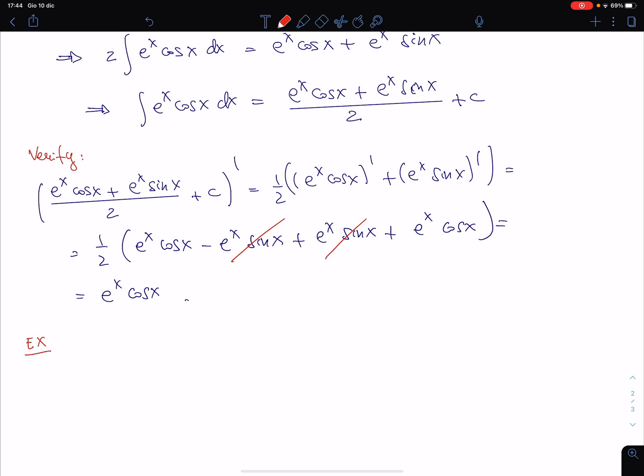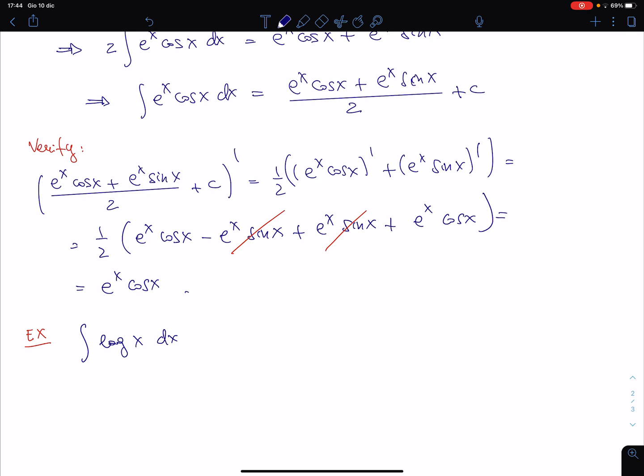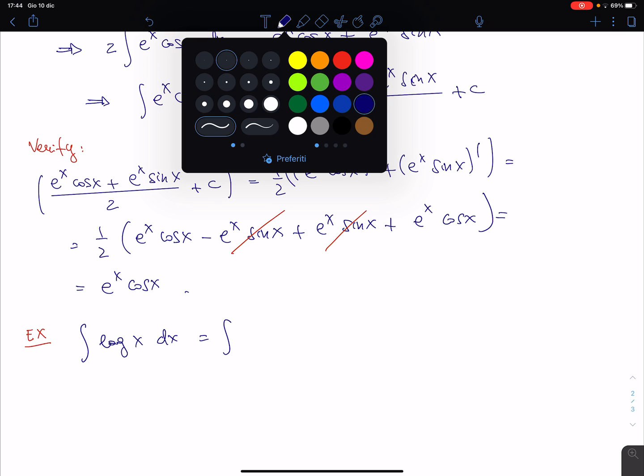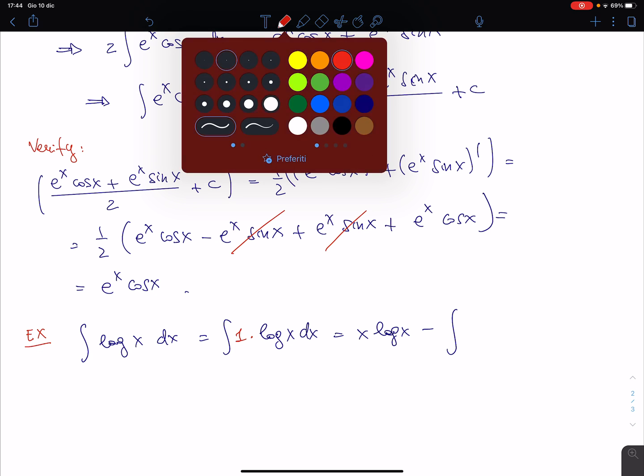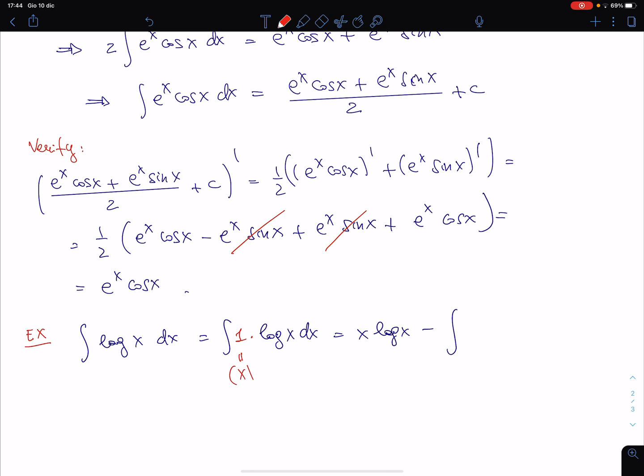So first we have to integrate log x dx, and of course this seems to be quite difficult, but just interpret this as 1 times log x dx. This is x log x minus, because 1 is equal to x prime, so this is f prime.